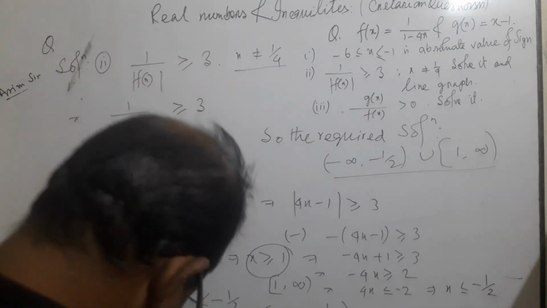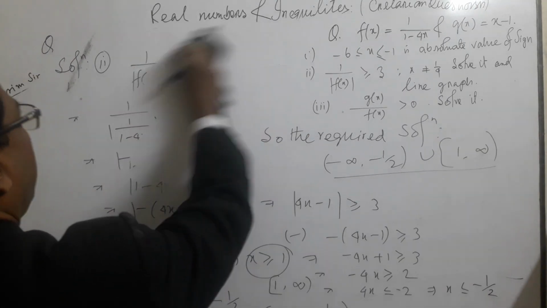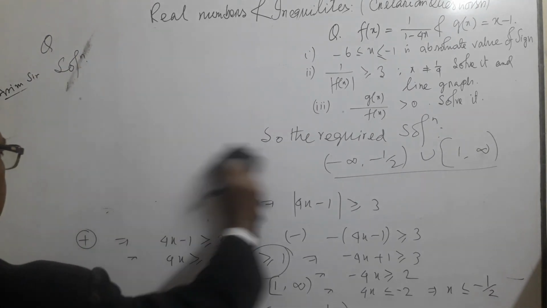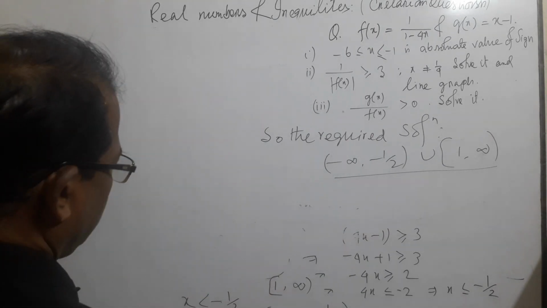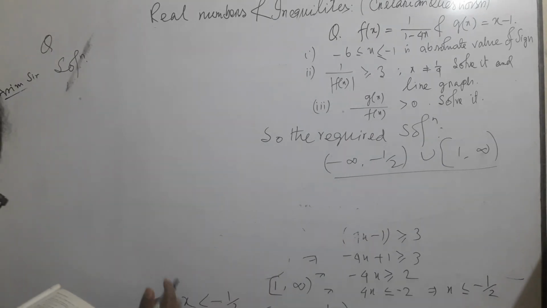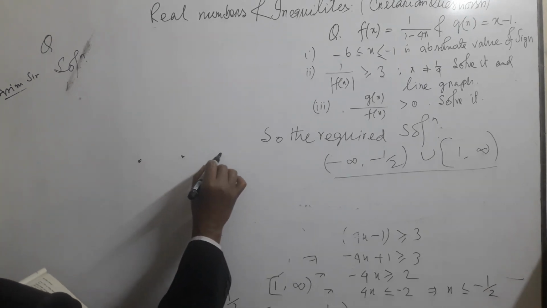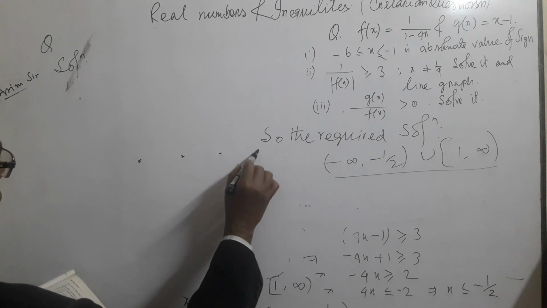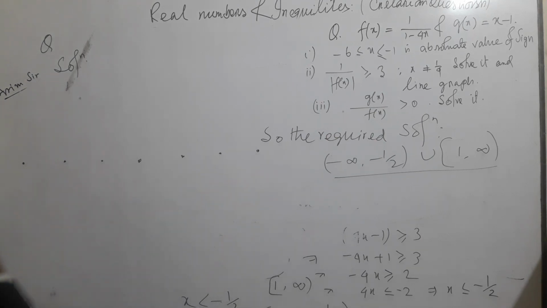And you have to draw the line graph. It is so easy, no problems, I think. So that's why minus half, 0, 1, 2, 3, minus 1, minus 2, minus 3.